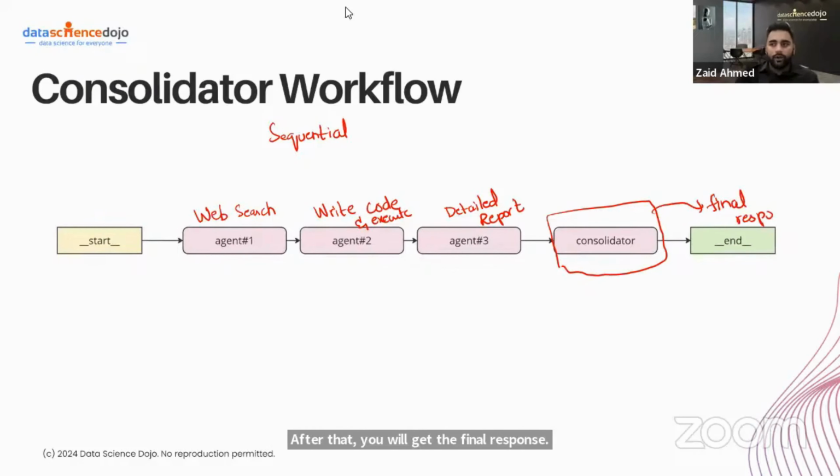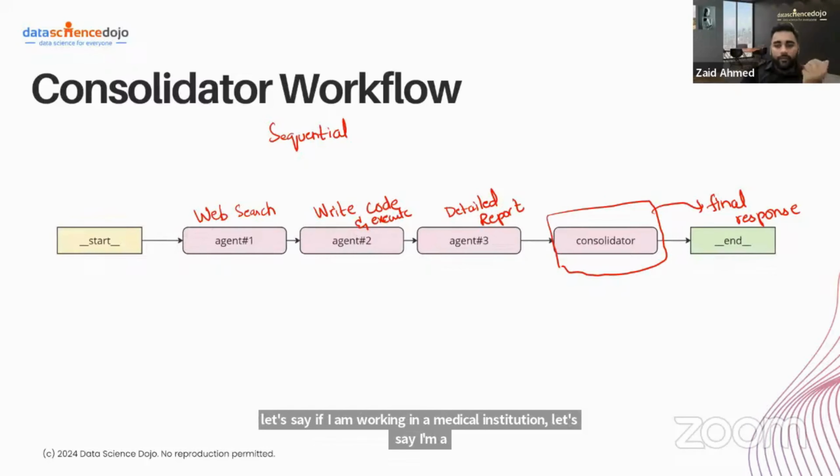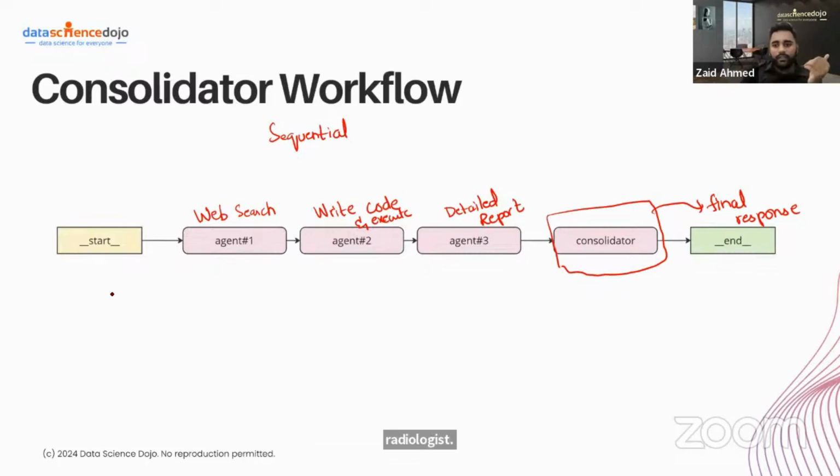All right. Let me read a couple of questions, so let's think about a scenario of how this consolidator workflow would work in sequence. Let's say I am working in a medical institution, as a radiologist. I want to search something over the internet. What are the basic principles of writing an MRI report, or of going through a CT scan?